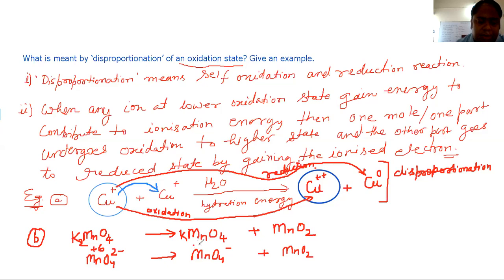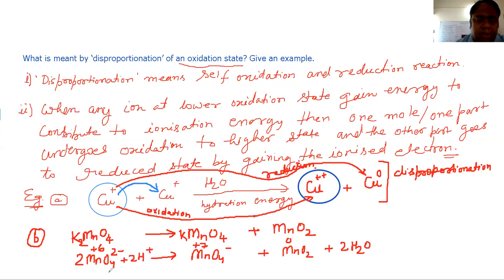This was plus 7. And this was 0. We can always balance the water molecule by giving H2O. So here there are 4 water molecules. There are 2 Mn, so we'll give 2 Mn. Now there are 8 water molecules here. There are 6 water molecules here. So we can give 2H2O. And this side acidic medium, so 2H plus.